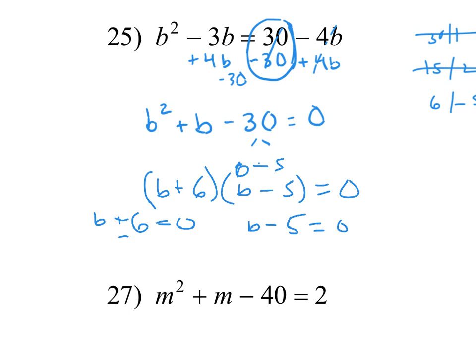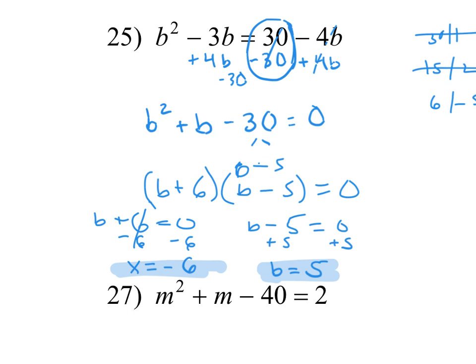So in the first equation, we just subtract 6 on both sides. So b is equal to what? Negative 6. And the second one, we add 5 to both sides. So b is equal to positive 5. So these are our 2 answers. Any questions on this one?